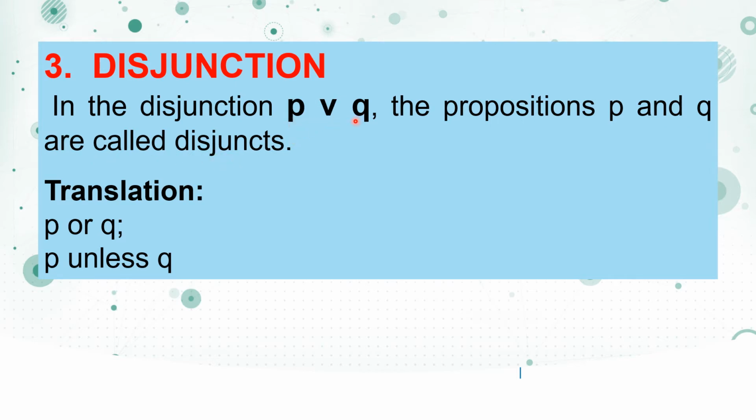So this symbol can be translated or read as P or Q. P unless Q. So memorize by heart the translations and symbol for disjunction, which is this one.